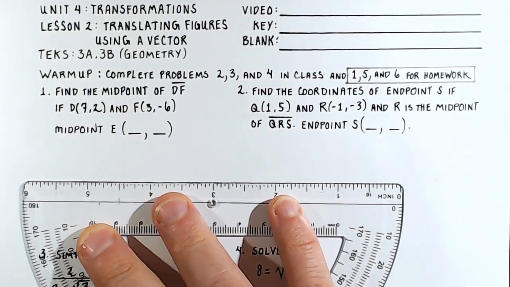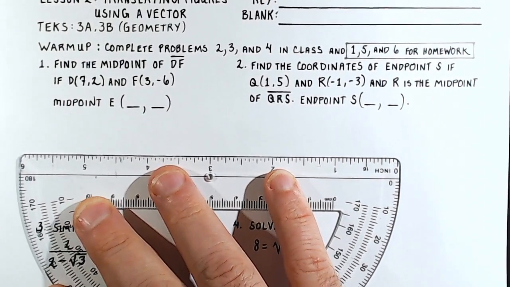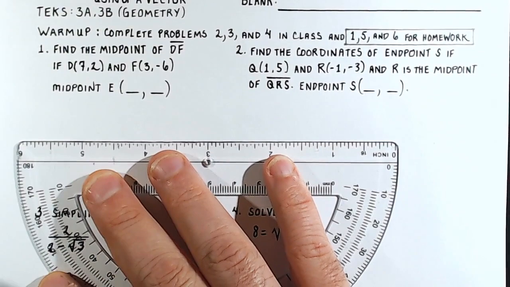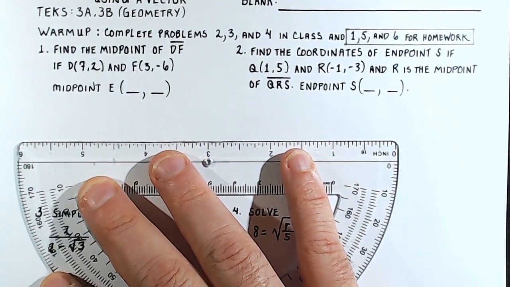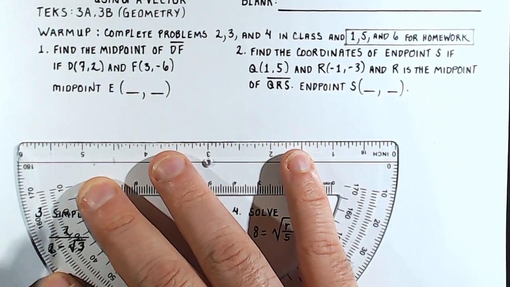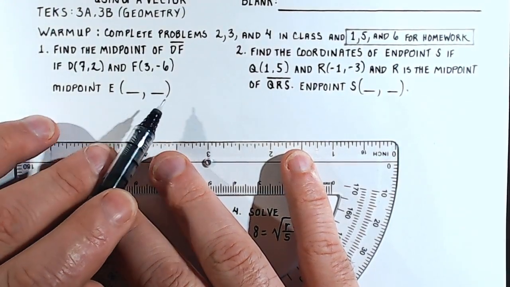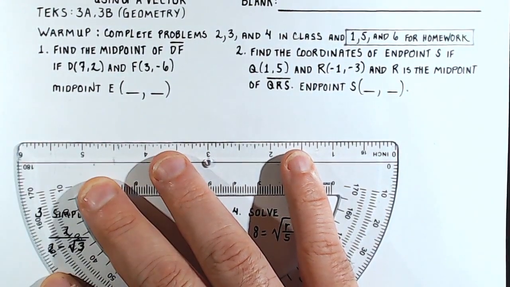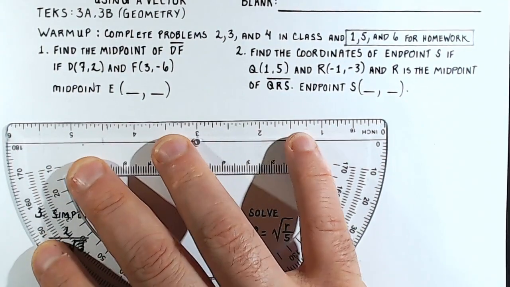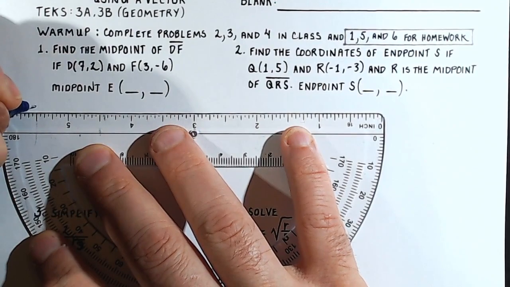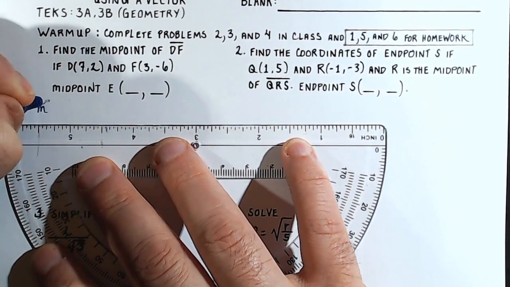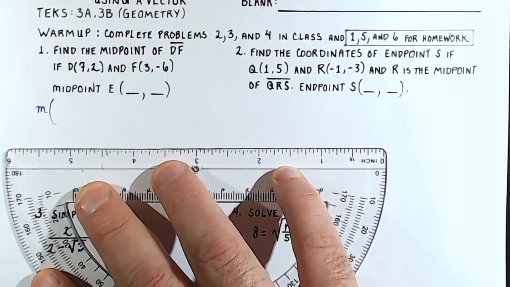Number 1. Find the midpoint of segment DF if D is at (7, 2) and F is at (3, -6). So we're looking for midpoint E, and we're looking for the coordinates of midpoint E. Of course, the most important thing to remember is the midpoint formula, which looks like this.